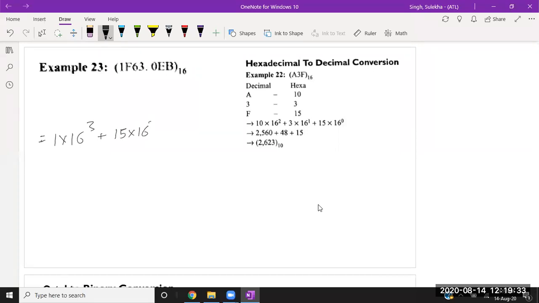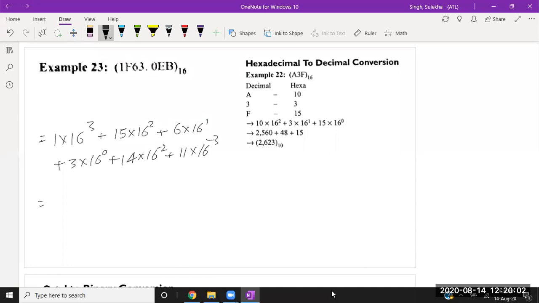So 15 into 16 to the power 2 plus 6 into 16 to the power 1 plus 3 into 16 to the power 0. I am leaving this 0, then E is basically 14. 14 into 16 to the power minus 2 plus B, that is 11 into 16 to the power minus 3.